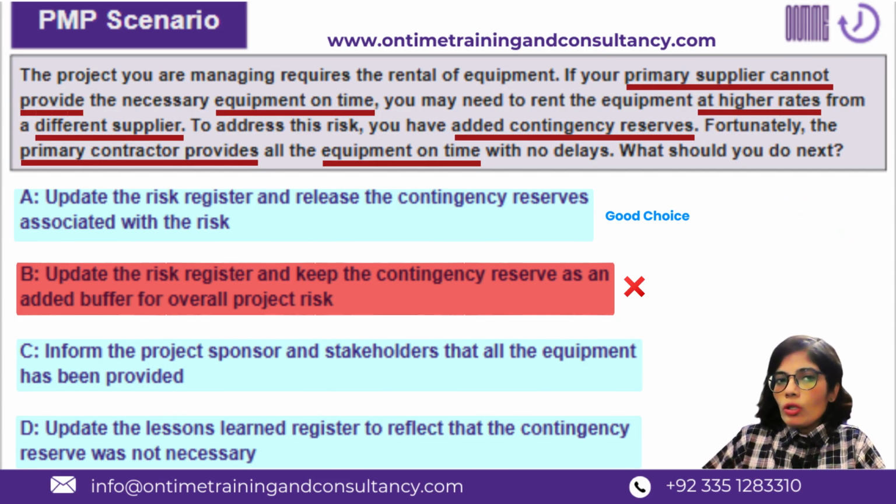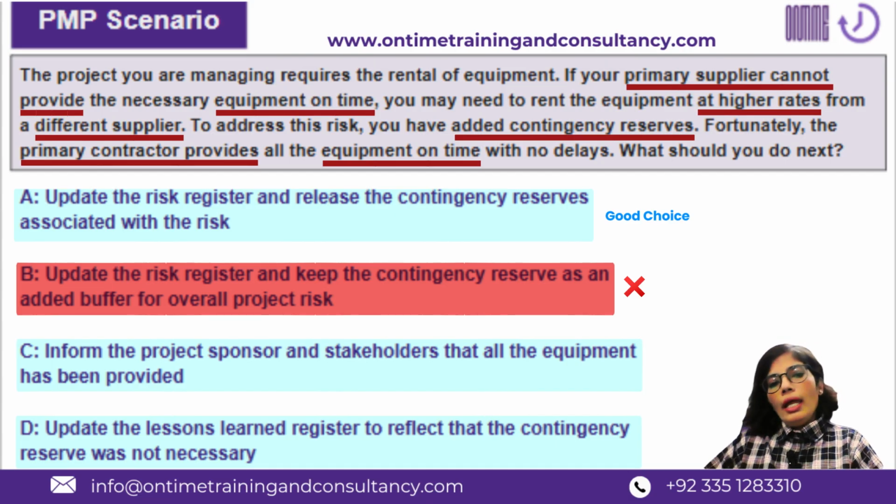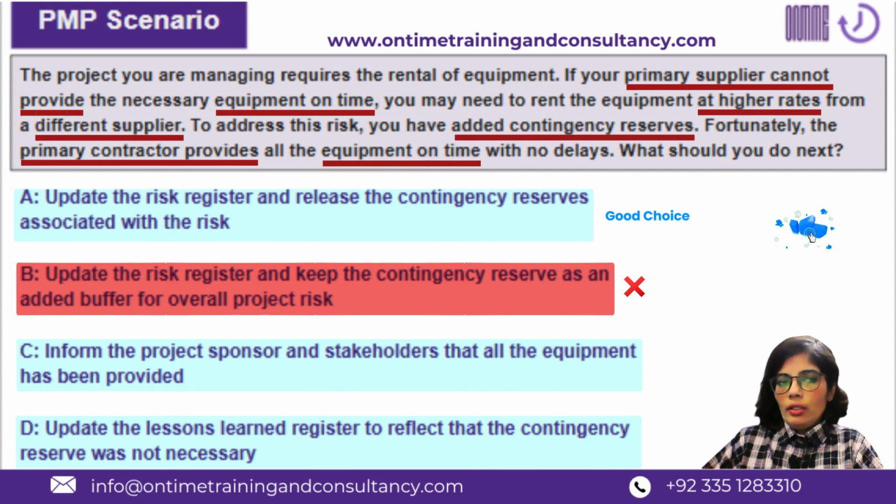However, again, this is not the very next thing to do. The very next thing to do is to update the risk register, to return the reserve to your sponsors and to your steering committee, and then you update the lessons learned register, or maybe you inform the relevant stakeholders, which is option C and D.